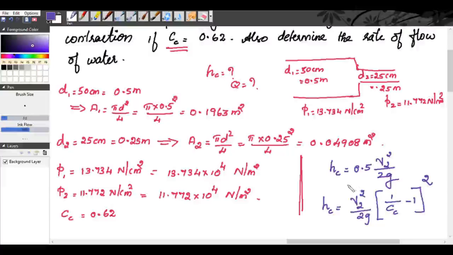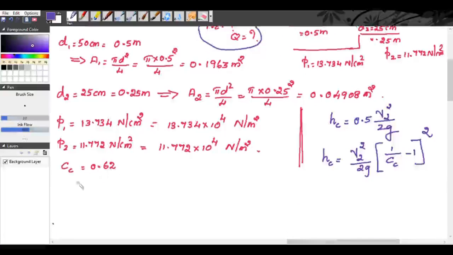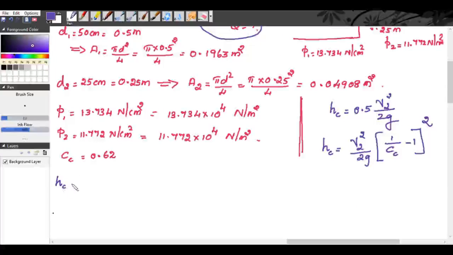So, now we need to find the loss of head due to contraction, and we need to find the rate of flow. We need to find both. First of all, we will find the loss of head due to contraction. Because Cc is given, we will use this formula, V2 square by 2G multiplied by 1 by Cc minus 1 the whole square.